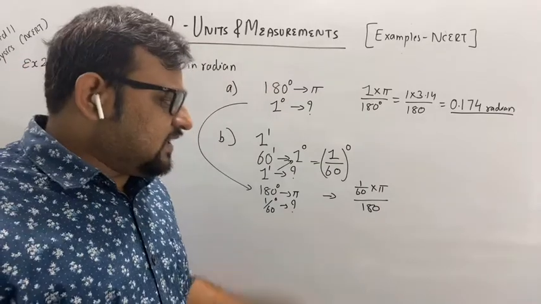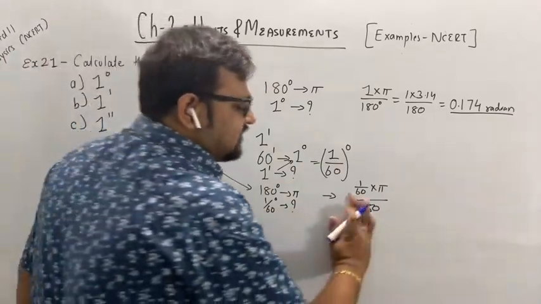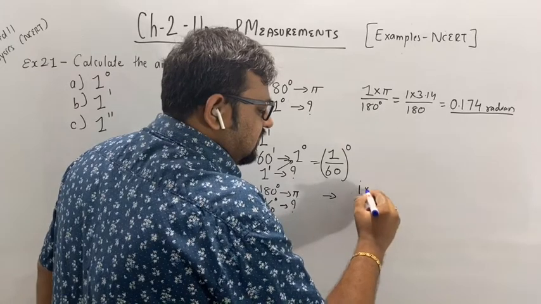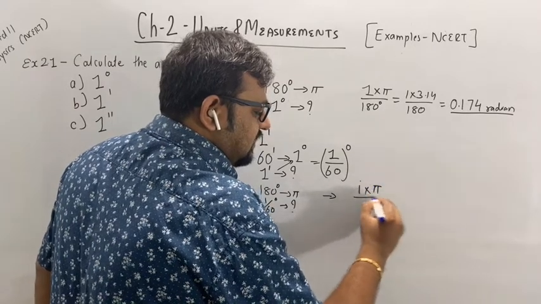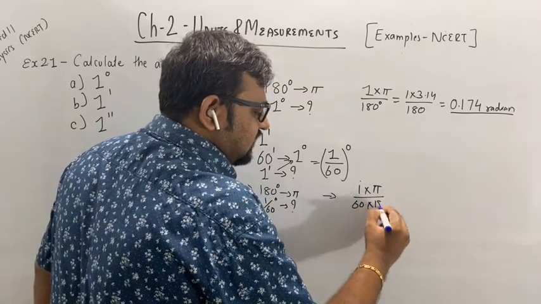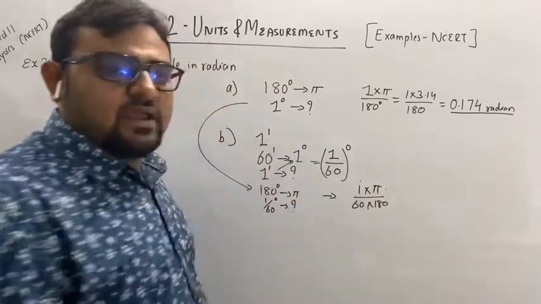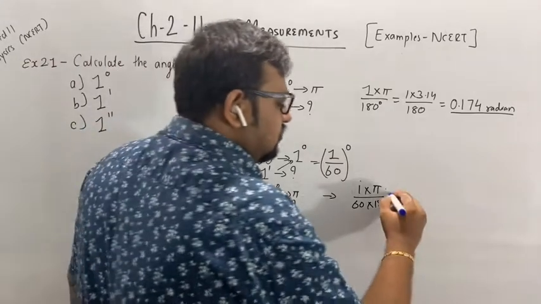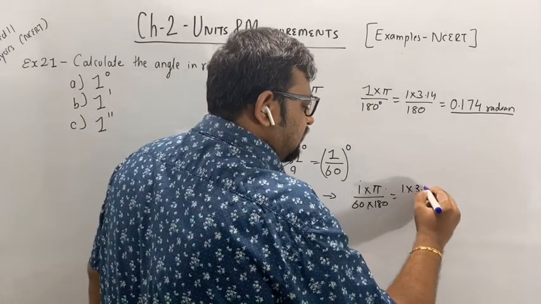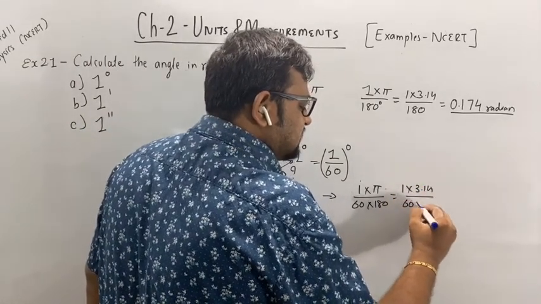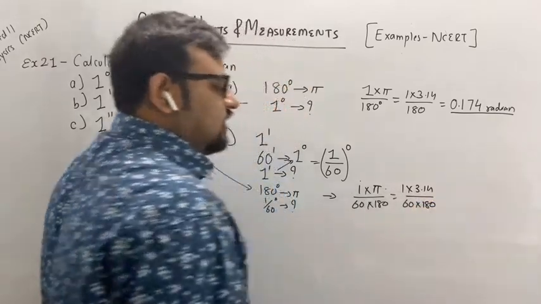Now we can write this in a single ratio: 1 into pi upon 60 into 180. So 1 into 3.14 upon 60 into 180.